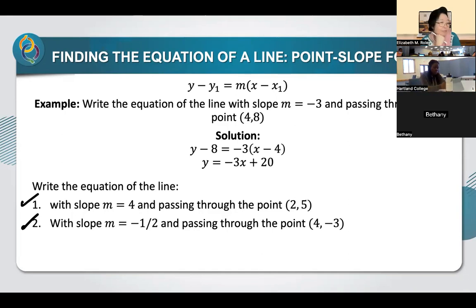So what's your equation for number 1? Y is equal to 4x minus 7. Okay, so you have y minus 5 is equal to 4 times x minus 2.